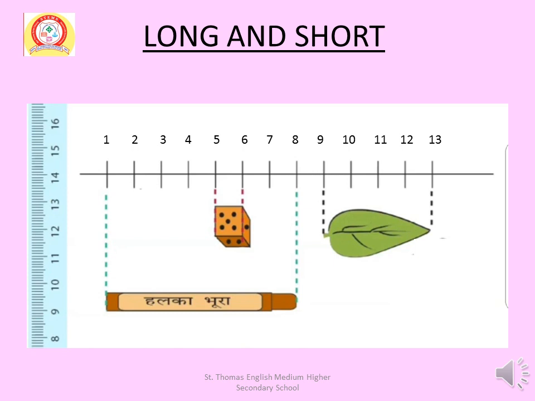Okay. Now next, the leaf measures between 9 and 13. That means 4 divisions. So, the length of the leaf is 4 centimeters.